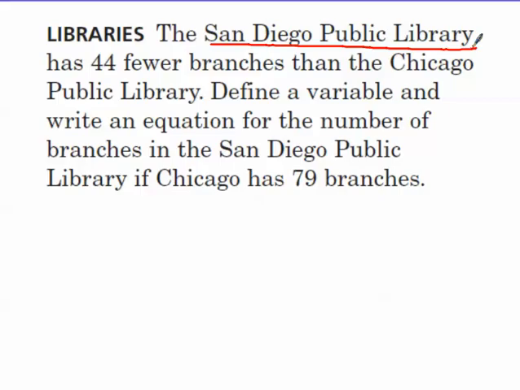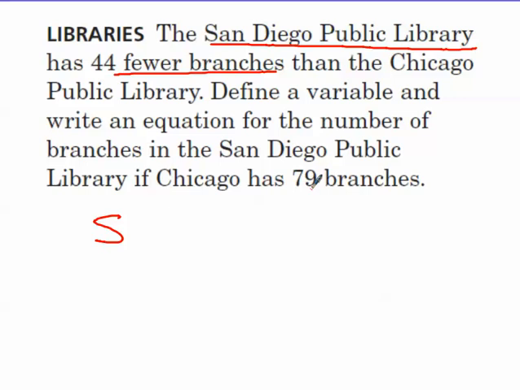Now it says the San Diego Public Library has 44 fewer branches than Chicago. Okay, so we know Chicago has 79, so we could say that San Diego, which is what our variable is, has 44 fewer branches. Well, 44 fewer means it's less than what Chicago has.